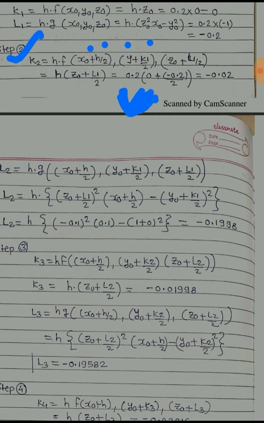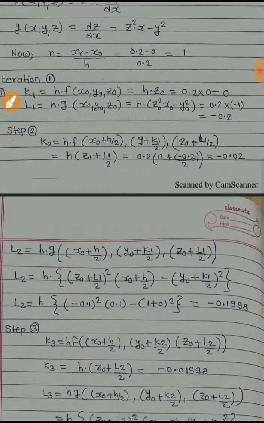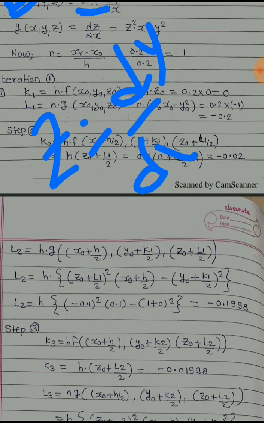See, why am I doing this, why have I used only this term and not other terms, you may get confused. So no need to get confused, friends. At the start itself, I have written f of xyz. F of xyz is only z for this problem. Z is equal to dy by dx, so it is only z.